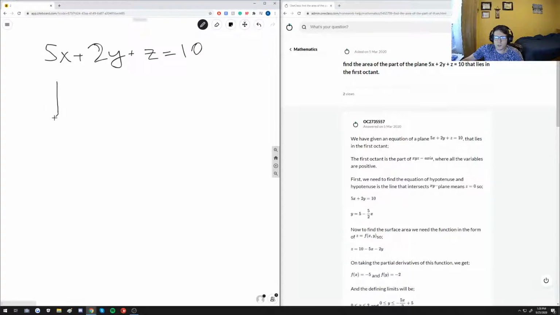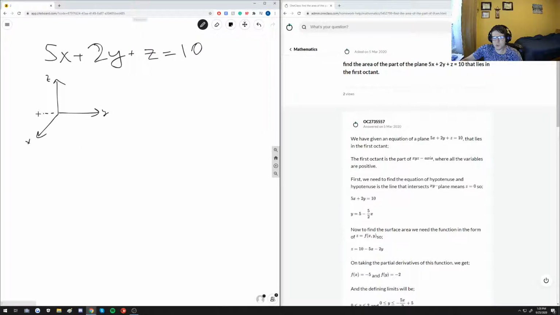So if we think about what the first octant looks like, really there are 8 octants, but the first octant would be this area that we're used to seeing whenever we look at a 3D Cartesian plane, and it would be this little cube right here.